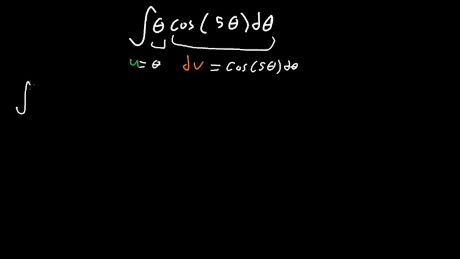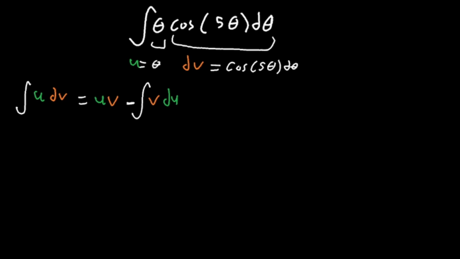So this becomes the integral of u dv. And from our integration by parts formula, this is u times v. So let me write that: uv minus the integral of v du. Ultraviolet voodoo. That's how I remember it.